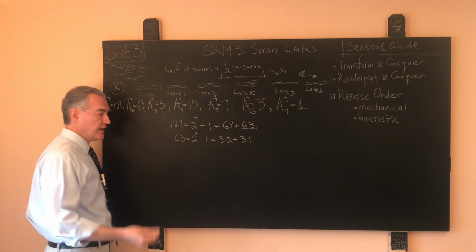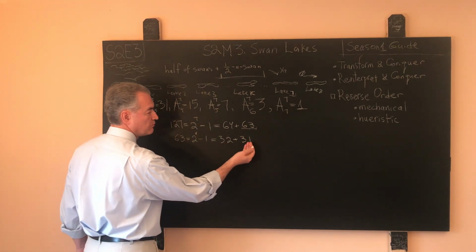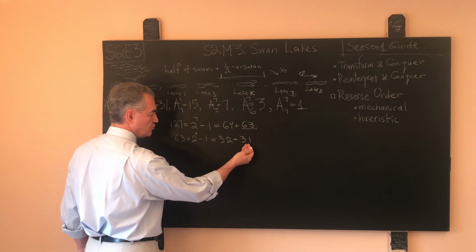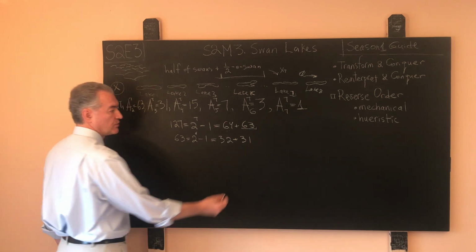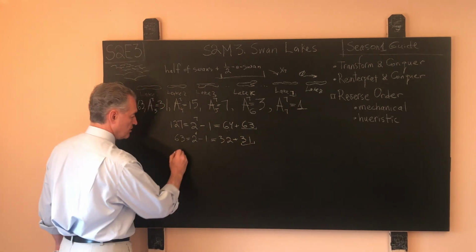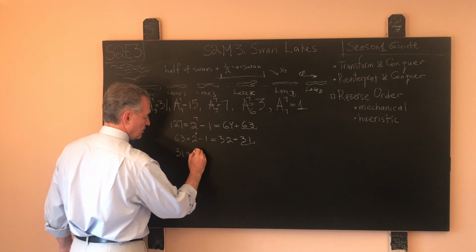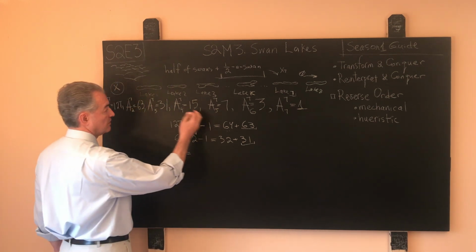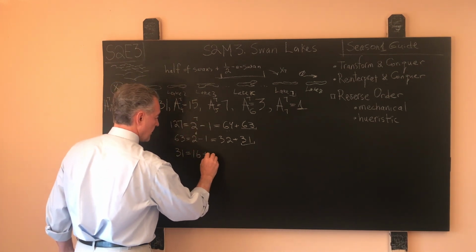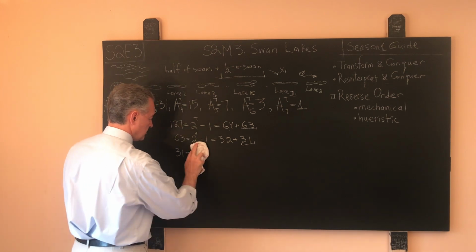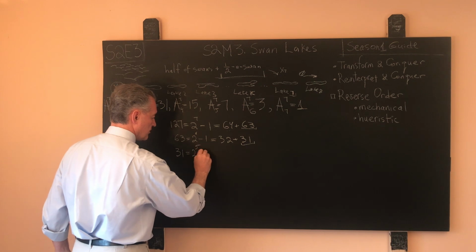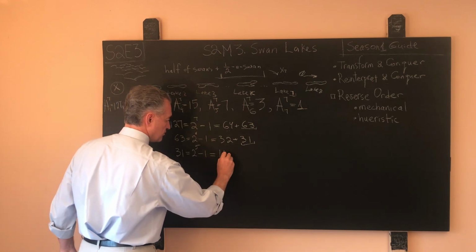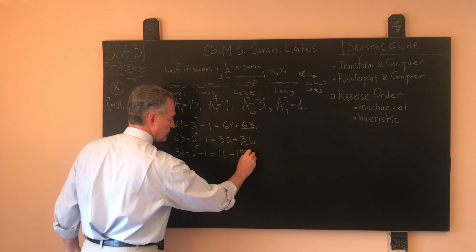Again, with 1 added, perfect power of 2 plus 1, 32, 2 to the 5th plus 2 to the 5th becomes 2 to the 6th. We grab this number, 31, represented the same way. We say that it is what? 2 to the 5th minus 1, representable as 16 plus 15.